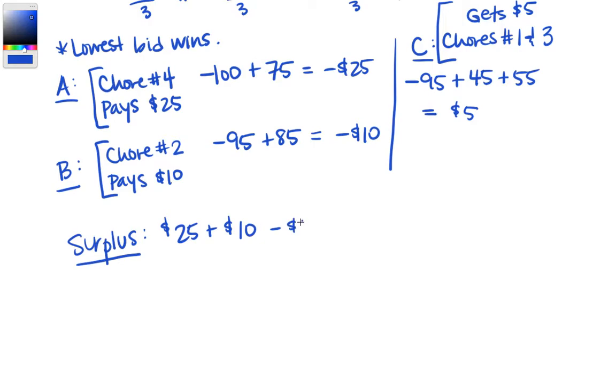Karen got paid $5. So 25 and 10 is 35, minus 5 is $30 surplus. So we divide by 3, and that gives us $10 per player. All right, now we just need to distribute $10 to each player, and we'll have the final settlement.